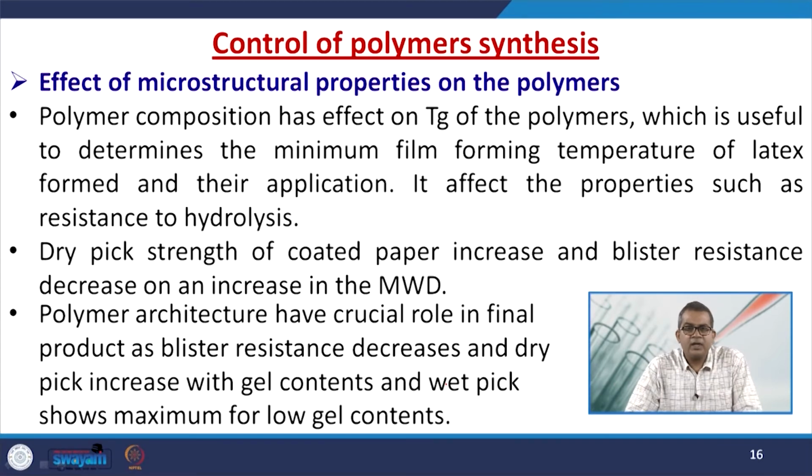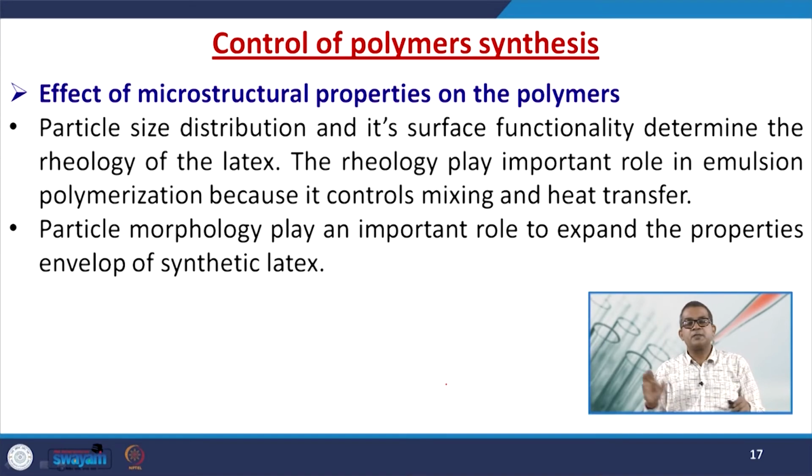Now, polymer architecture has a very crucial role in the final product, as sometimes the blister resistance decreases, the dry pick increases, and the gel content and the wet pick sometimes show the maximum for the low gel content, etc. So, the objective is that you can further improvise the properties of those polymers you synthesize in due course of time.